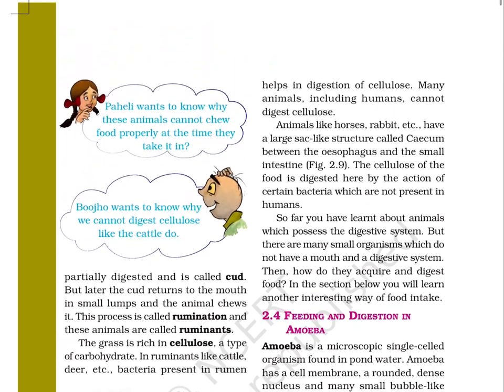A picture of Paheli is next to it. Paheli wants to know why these animals cannot chew food properly at the time they take it in. There's another thought bubble here with the picture of Bojo next to it. Bojo wants to know why we cannot digest cellulose like the cattle do.